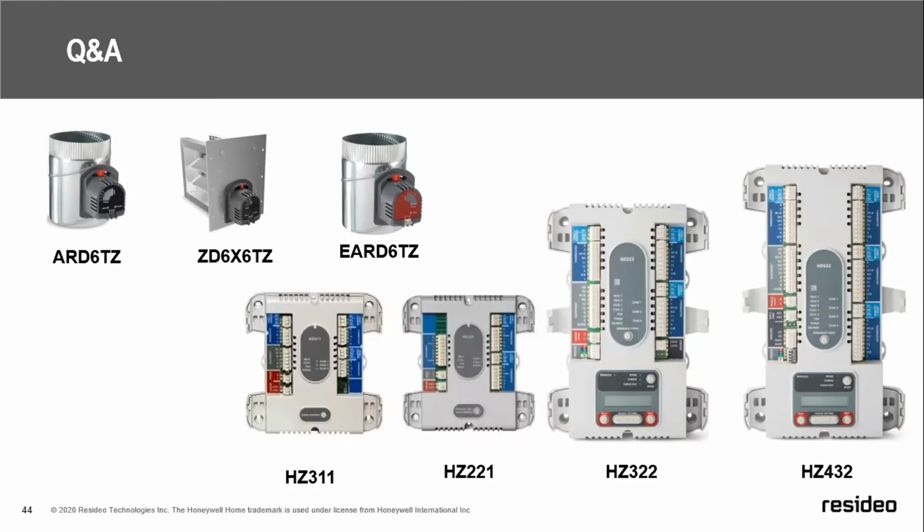Okay, so the simple answer is not at this time. However, buckle your seatbelt because the way Resideo is going, we will in the future have not only up to 20 zones, but possibly wireless as well.